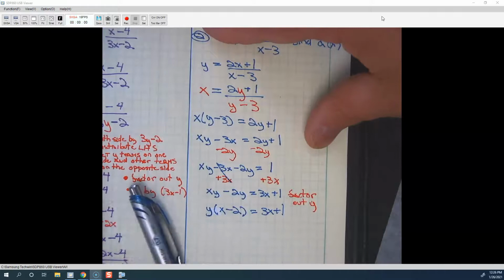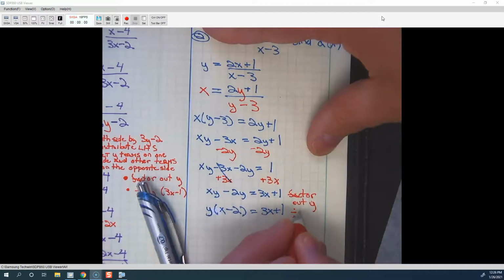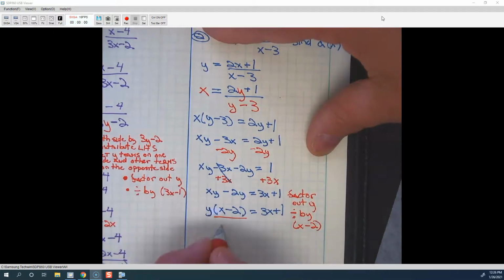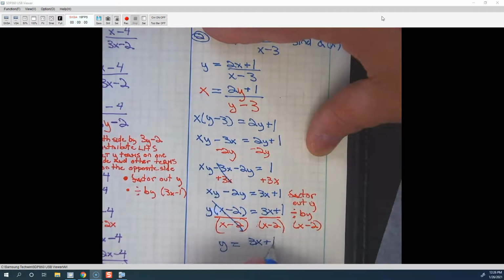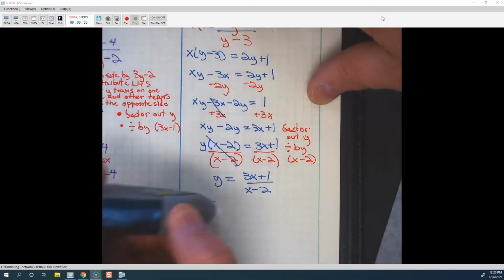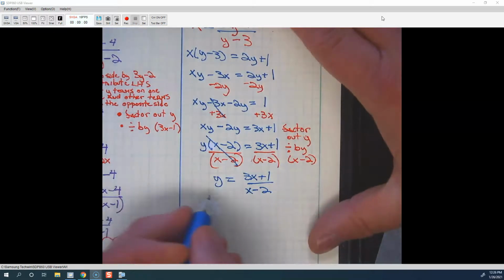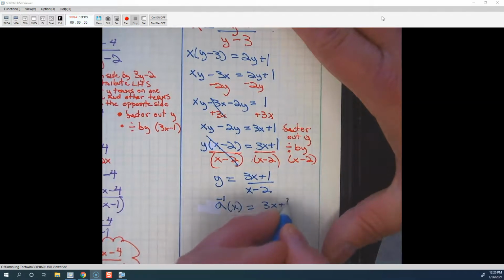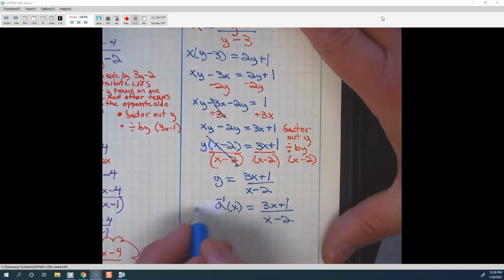And then I'm going to divide both sides by x minus 2. So the inverse of f is 3x plus 1 over x minus 2.